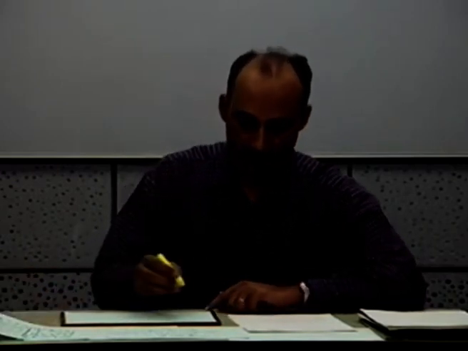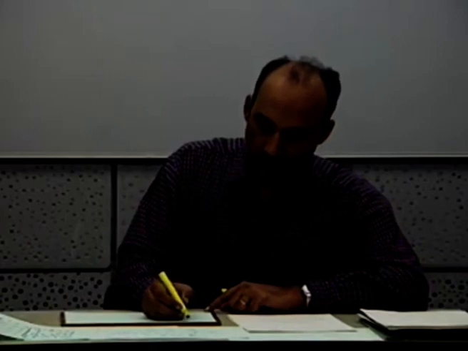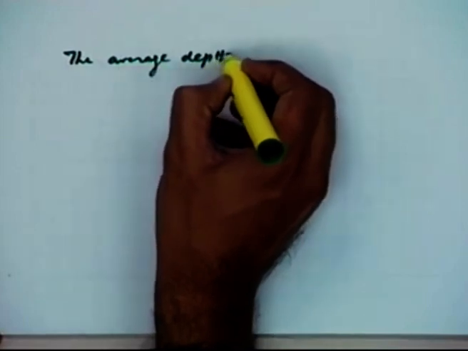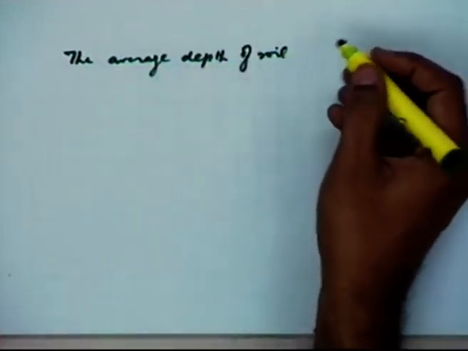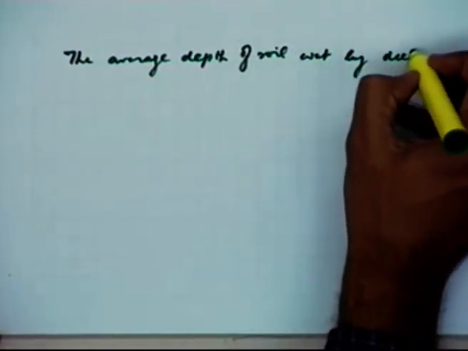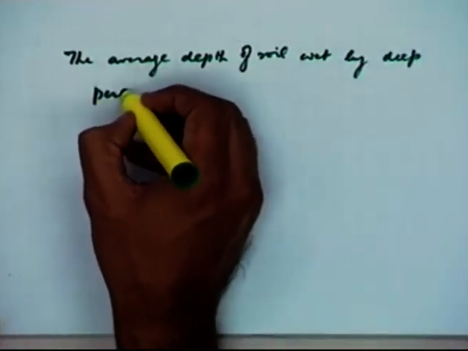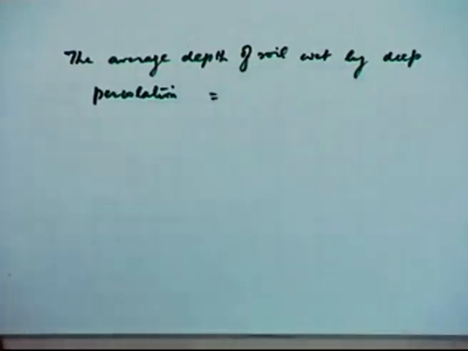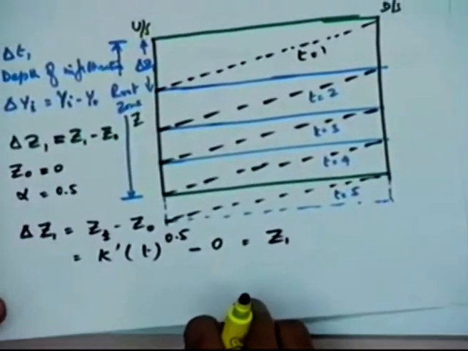Now, we will define two quantities which are very important quantities for our subsequent analysis and the design purpose. We can utilize these. The first is that if you want to know the average depth of soil which has been wet by deep percolation, what will be the average depth of soil?